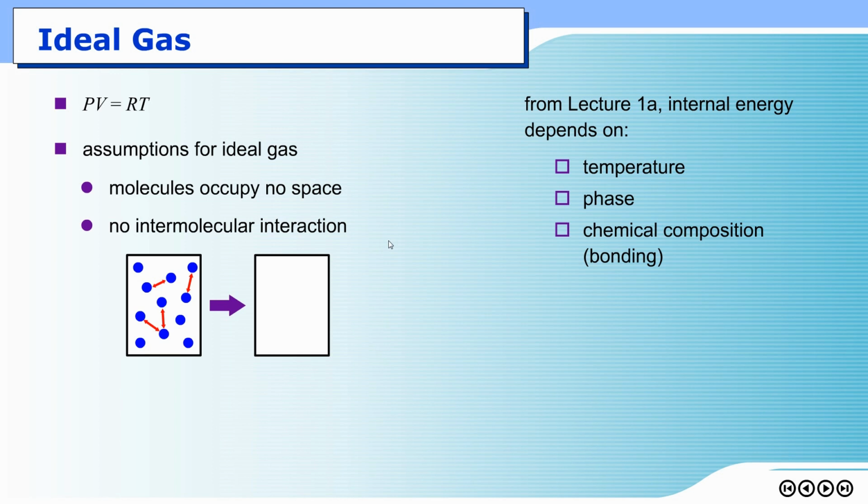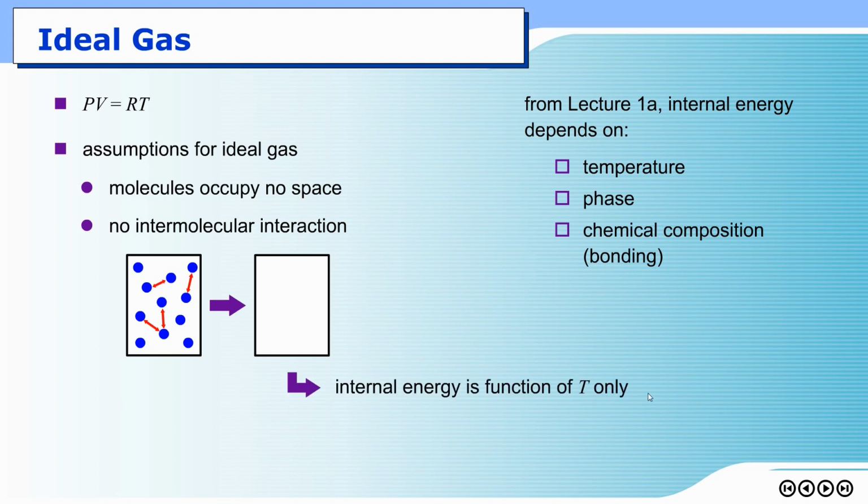Even though you have water, which can have very strong attraction amongst molecules, or you have argon, which has almost no interaction at all, it does not change the fact that ideal gas law assumes no interaction. So chemical composition doesn't matter anymore in the case of ideal gas law, such that for ideal gas, the internal energy would be a function of temperature only.